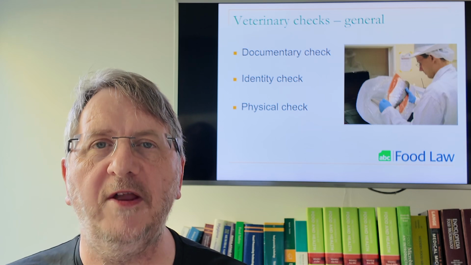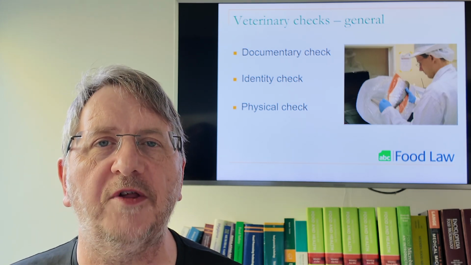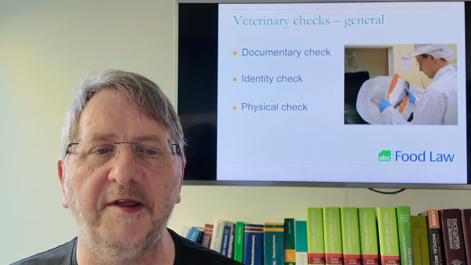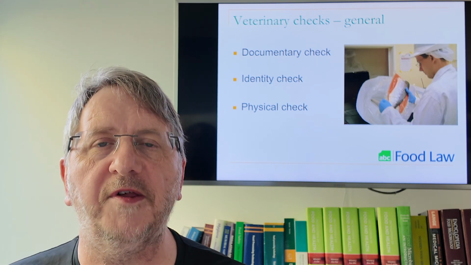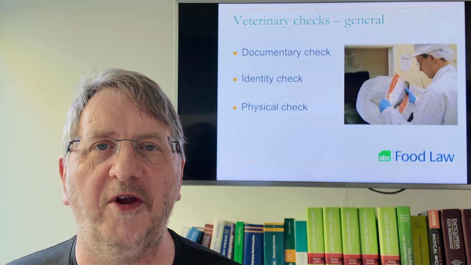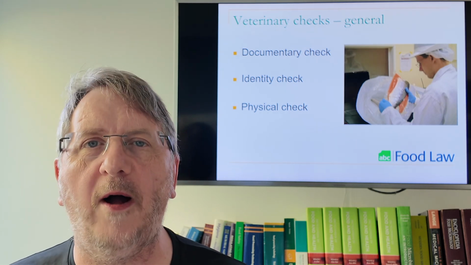A documentary check is just checking things like health certification and any other documentation that's required as part of the importation process. Identity check is really just making sure that the food that's arrived at the port is actually the same food that was referred to in the documents. That could be just checking seal numbers on containers or other means.